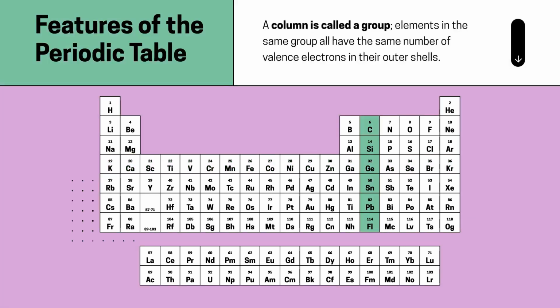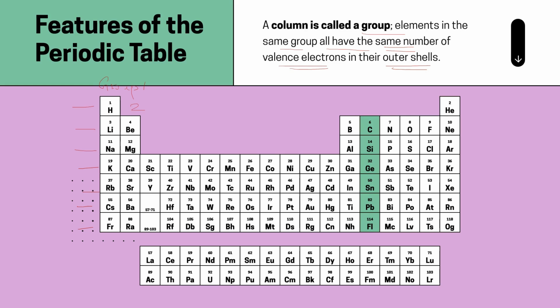A column is called a group. Elements in the same group all have the same number of valence electrons in their outer shells. If we see that hydrogen, lithium, sodium, potassium, rubidium, cesium and francium belong to group 1, this means that all the elements in group 1 will have the same valence electrons in their last shell.